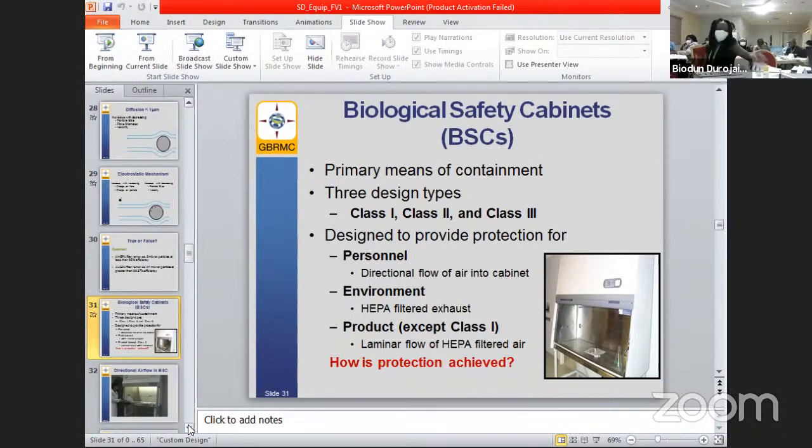Okay, but one good thing you have learned now is that it is good to have certification of your BSC. And a lot of times we work on assumption.